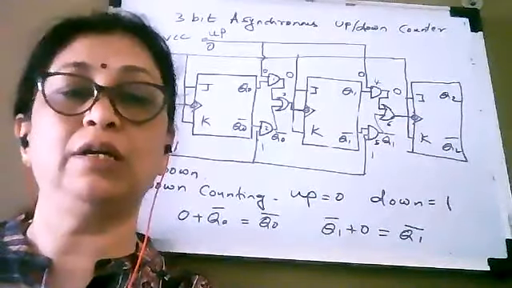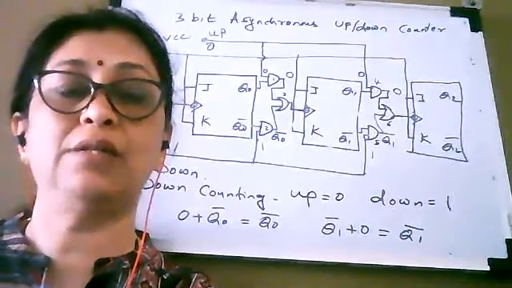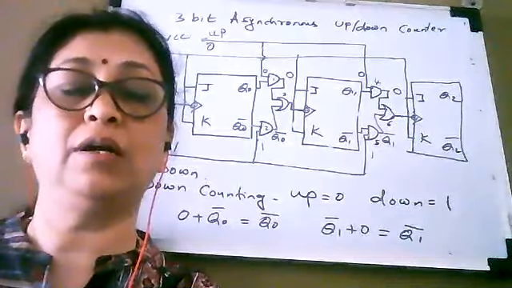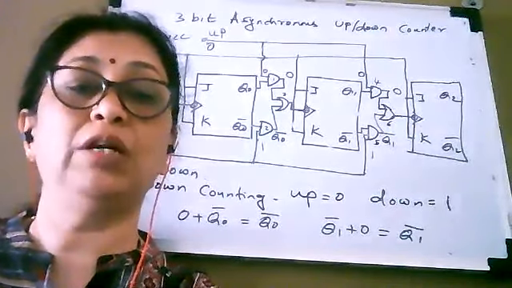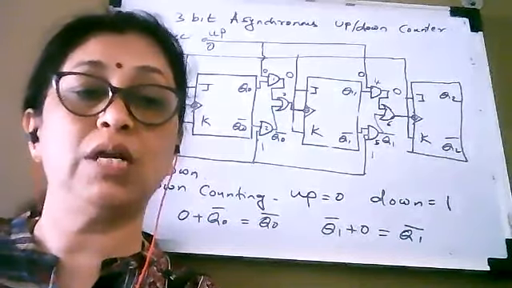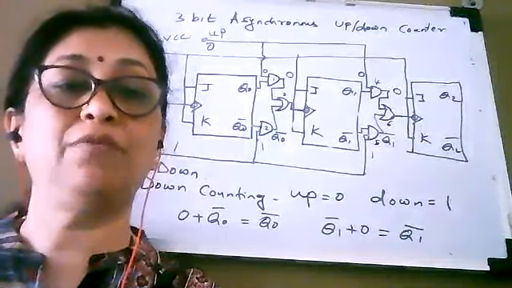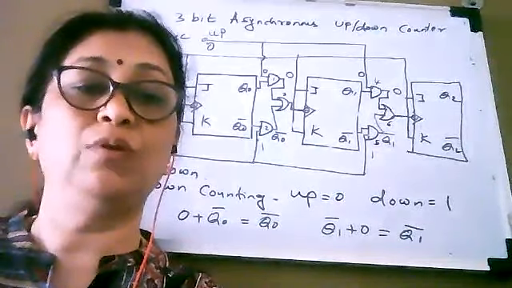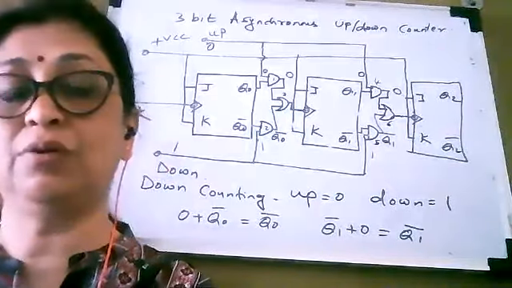So a 2-bit counter can count 4 states, a 3-bit counter can count 8 states, and a 4-bit counter can count 16 states. So a 2-bit counter will require 2 JK flip-flops, a 3-bit counter will require 3 JK flip-flops, and a 4-bit counter will require 4 JK flip-flops.